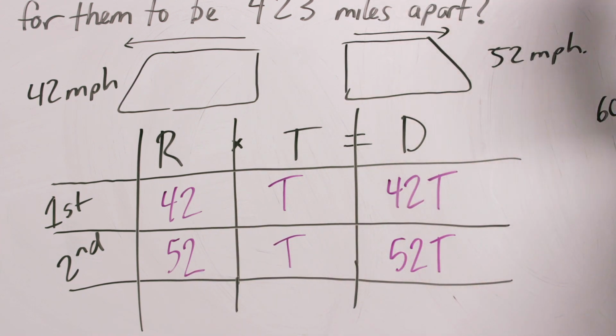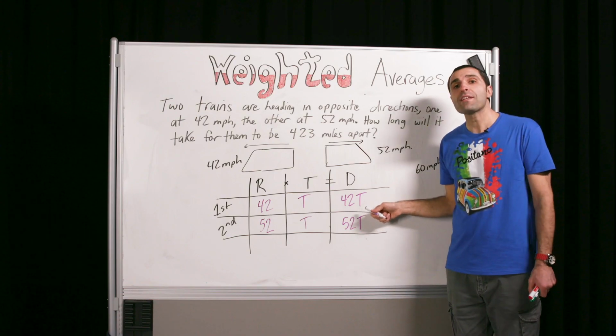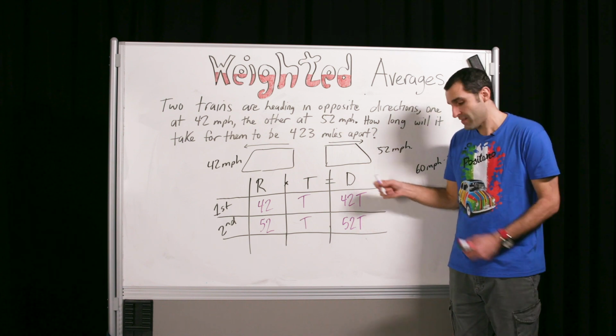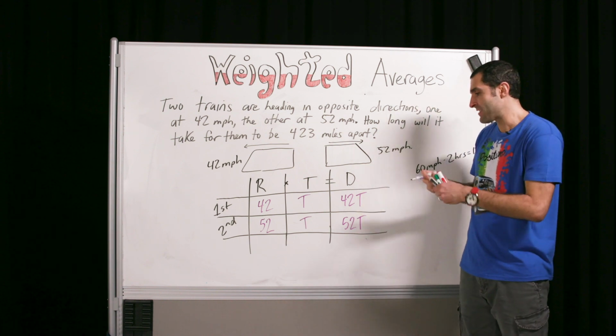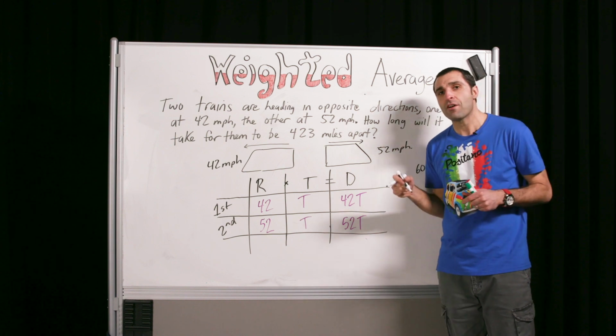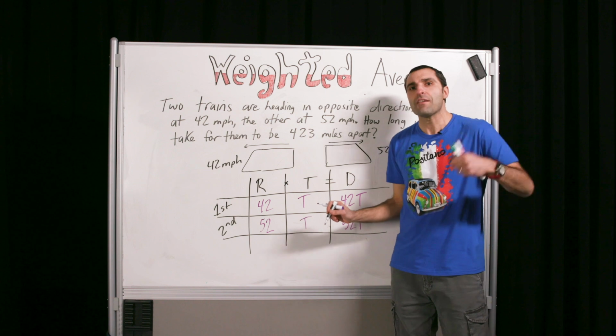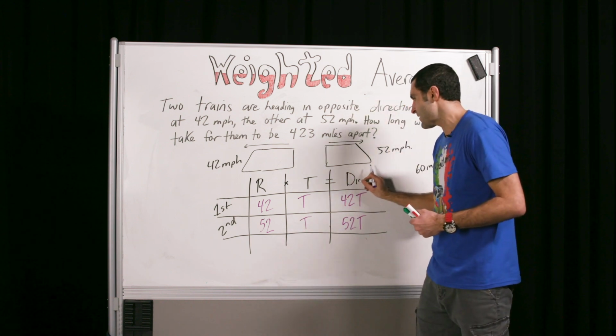Okay. So it turns out that the first train went 42t miles. That's a distance. It's a little strange to say, oh, how far did the train go? 42t. But it's really true because if you don't know t, you just have to say 42t. So this is a distance.